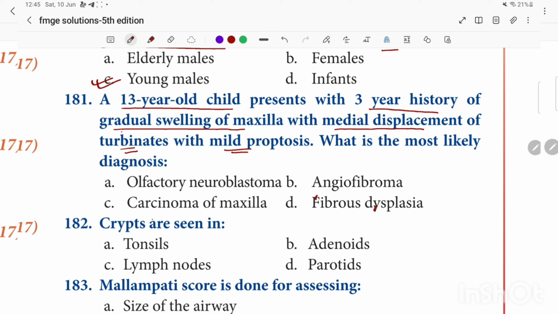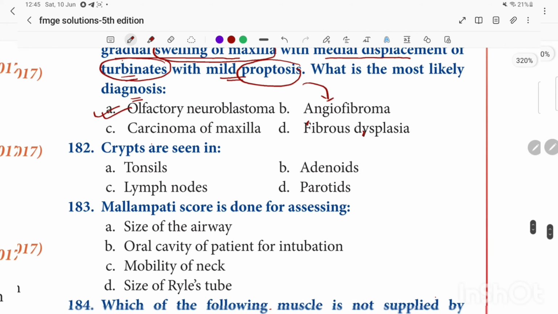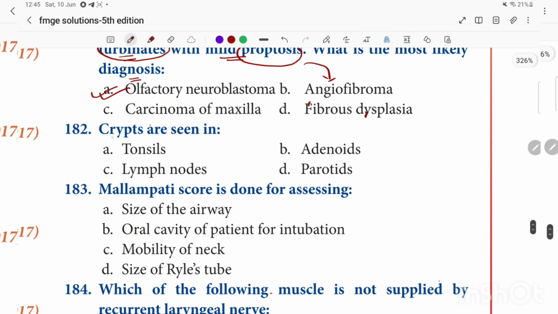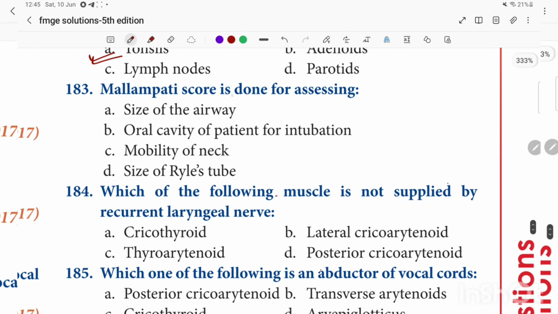If proptosis, displacement of the medial turbinate and maxillary swelling in a 13-year-old, we think angiofibroma. Crypts are seen in tonsil. Mallampati score is done for assessing the oral cavity of the patient before intubation.